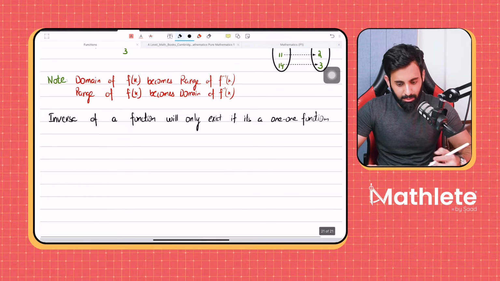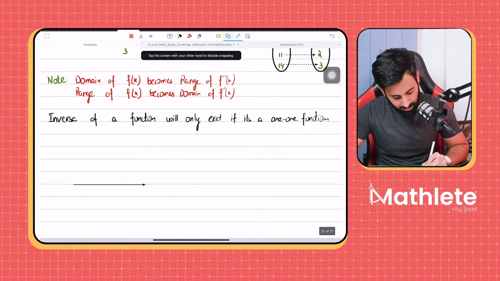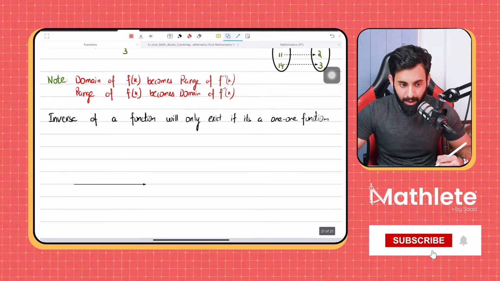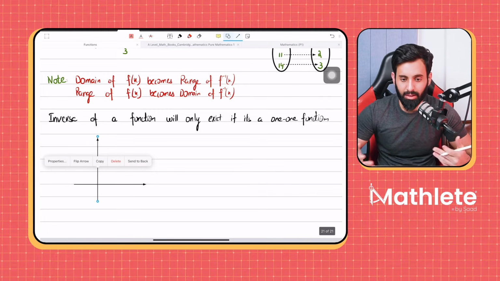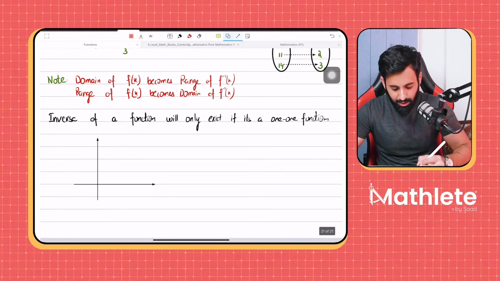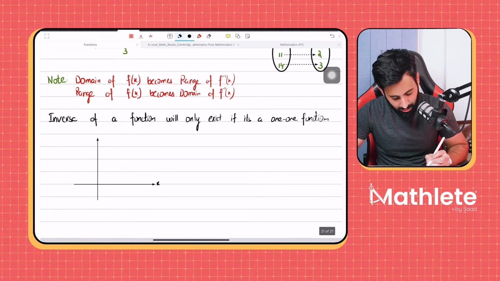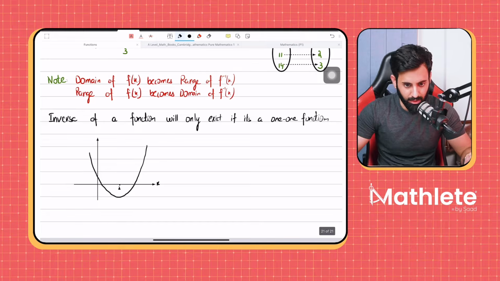So normally you will come across a lot of questions where you're dealing with a quadratic function, okay? And the examiner will ask you to write down a specific range so that the inverse exists. So let's say that you're looking at a quadratic curve such that the x-coordinate of the turning point is 2. Everything else is irrelevant, but what's important is that the x-coordinate of the turning point is 2.